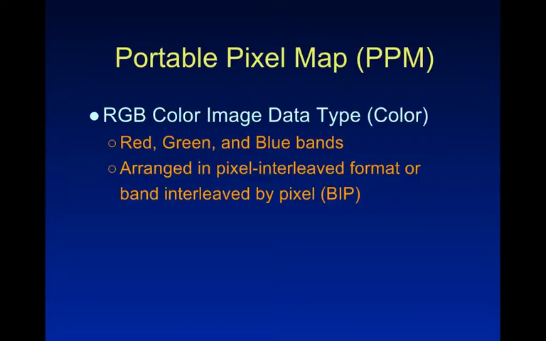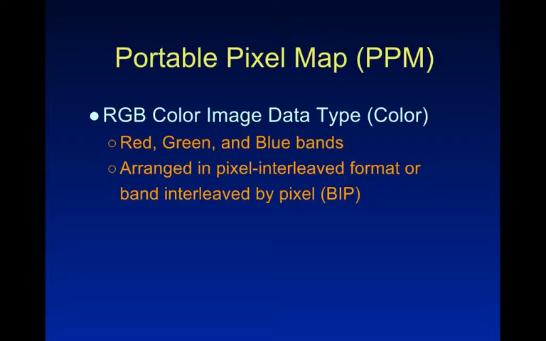And then there's another one called Portable Pixel Map, which is PPM, right? And it's red, green, and blue bands. So this also introduces the concept of interleaving for multi-band images. How do you actually lay out the different bands?